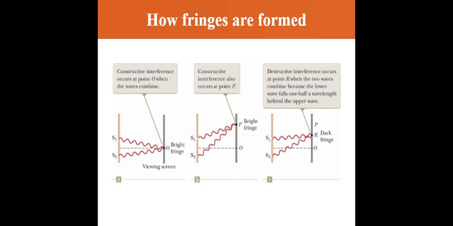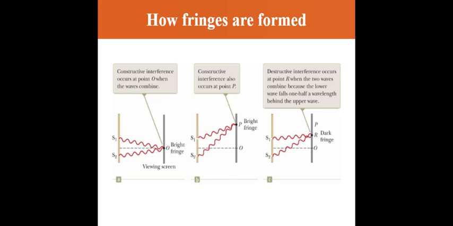So the light coming out from each slit is the same. They're in phase, they have the same wavelength. That means the path length for light from either slit is the same to this point O in the middle of the screen. So if both light beams travel the same distance, then that's going to be constructive interference. They're arriving in phase.